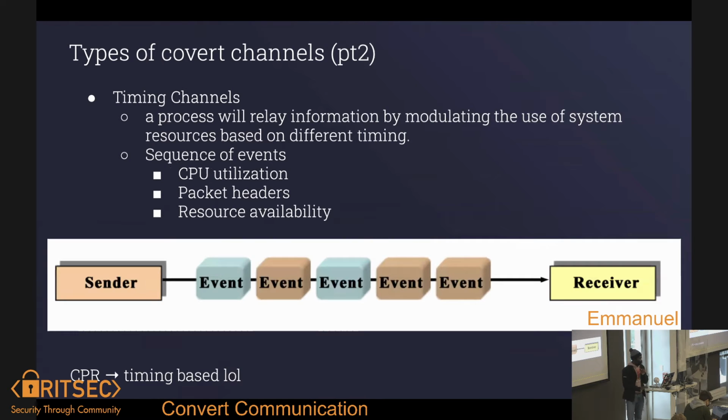The next one is timing channels. This is just based on timing. You can do it at a consistent time, or at different intervals so it doesn't look too suspicious. I think these are one of the hardest to use because they are dependent on the OS. As you can see, you use some CPU to mess with the CPU, resources or memory. And there's also the packet.